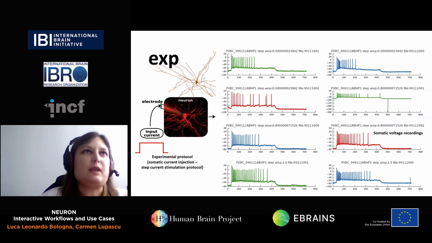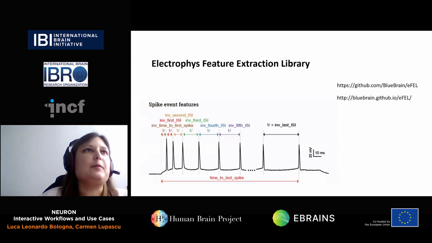And here are some examples of experimental traces. So the experimental protocol is just a somatic current injection, so just step current stimulation protocol. And the electrophys feature extraction library that Luca will present also later on helps you to extract features from the experimental traces.